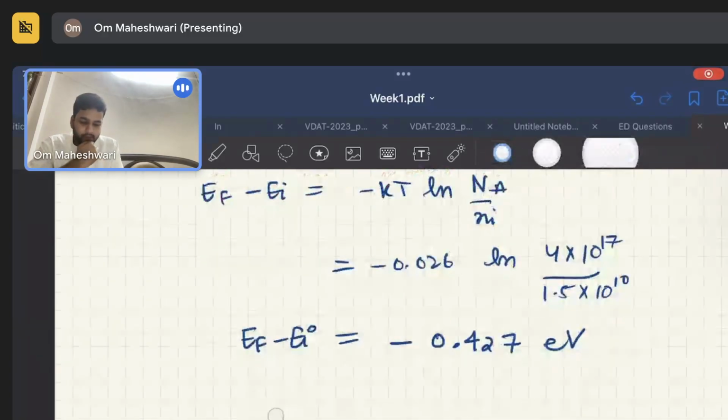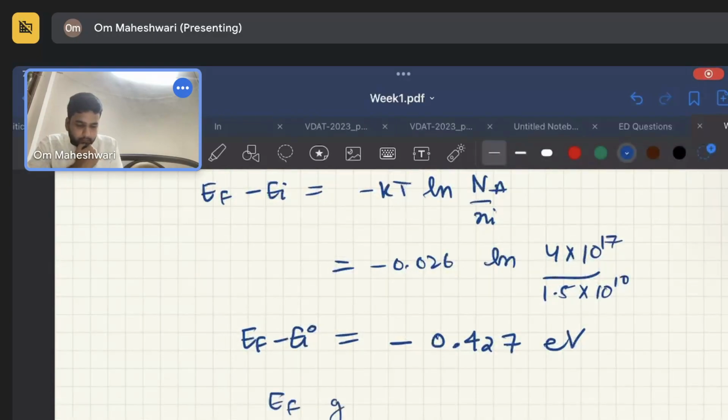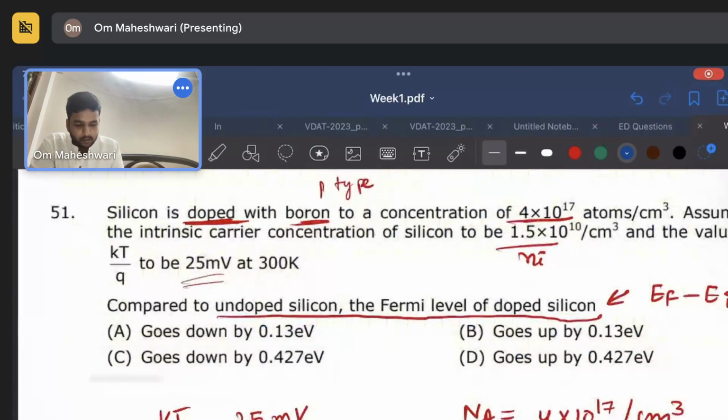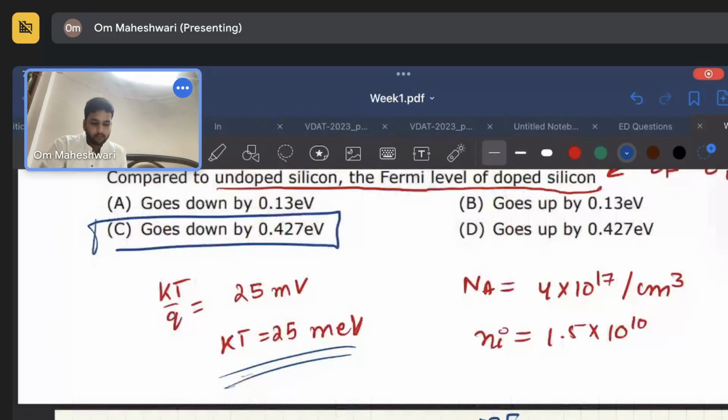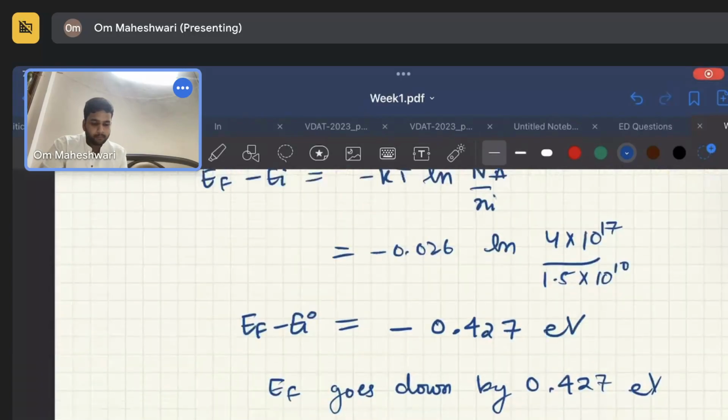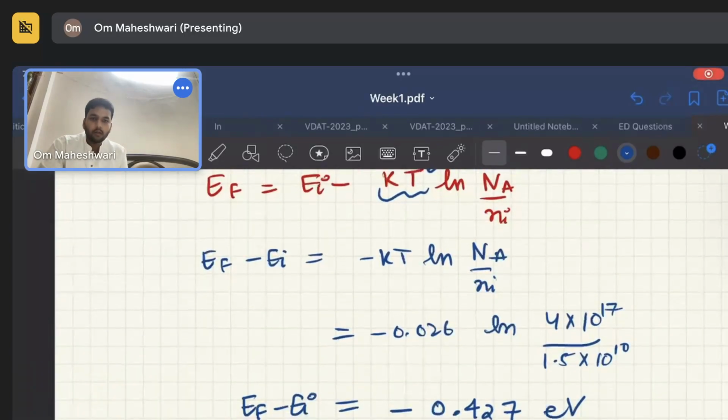So EF goes down by 0.427 electron volt, which is option C. My answer C is correct, goes down.